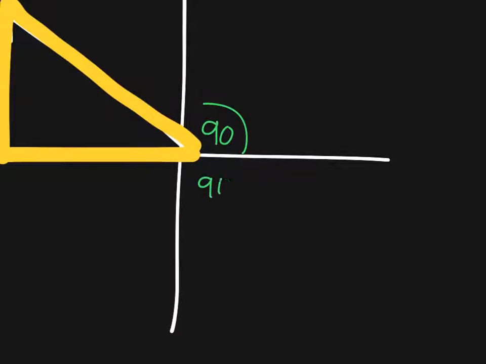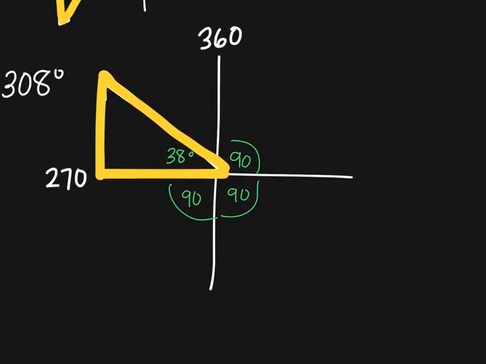Then I use the next quadrant, quadrant 4, there's 90 more. And then 90 more. I haven't gotten to 308 yet. 90 and 90 and 90, that's 270. How much more to get me to 308? 38. And that's actually in the reference triangle. So the 38 degrees is what would be part of my reference triangle.